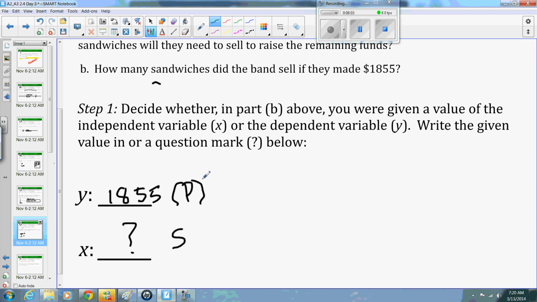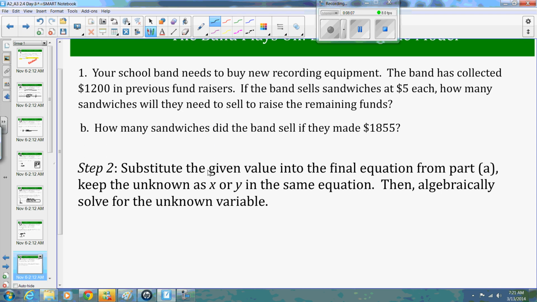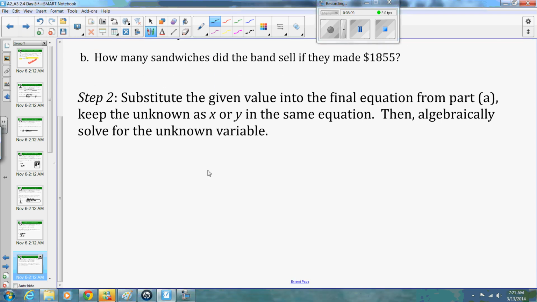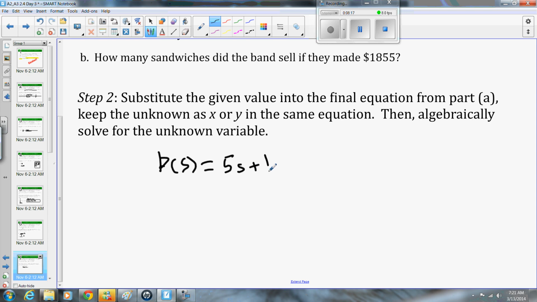So if I am then substituting the given value from part A into the equation, I'll rewrite my equation here. That's capital P of s is equal to 5s plus 1,200.